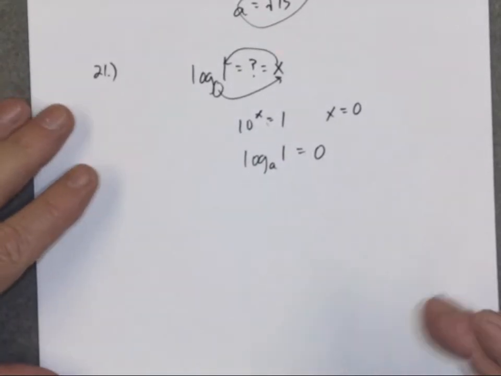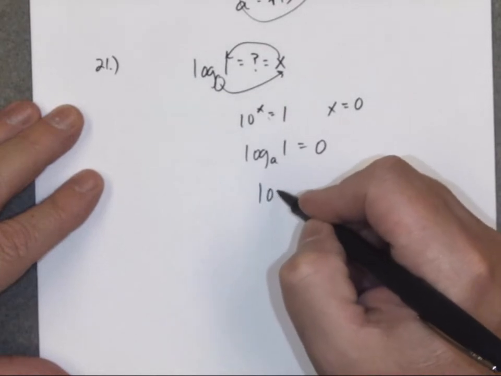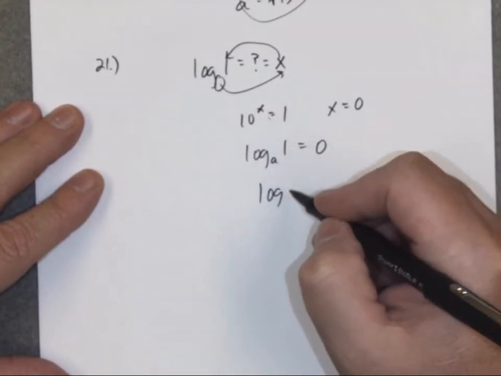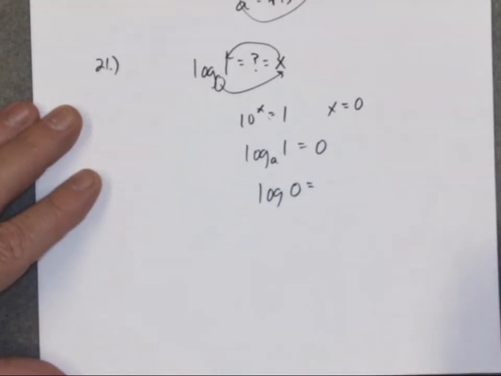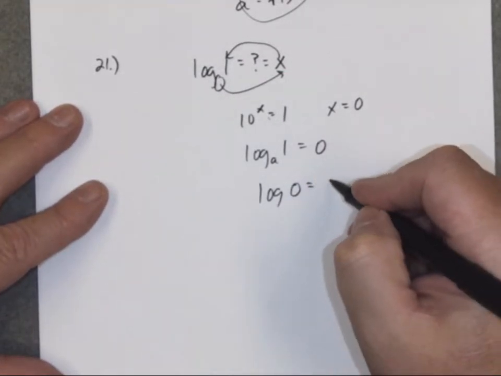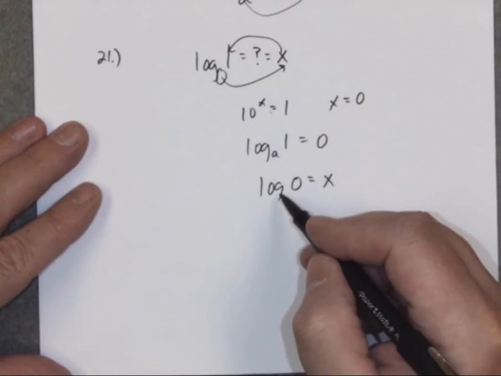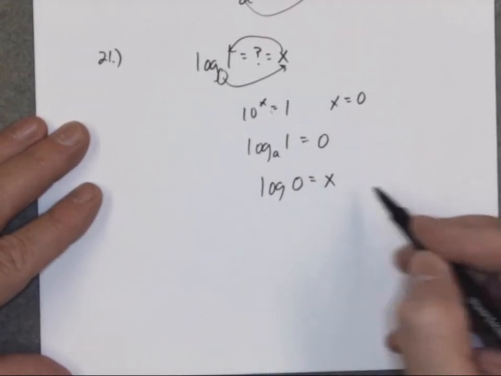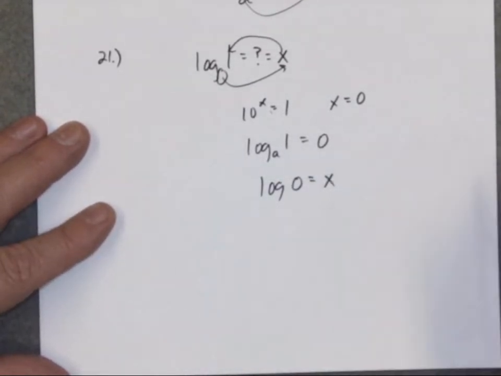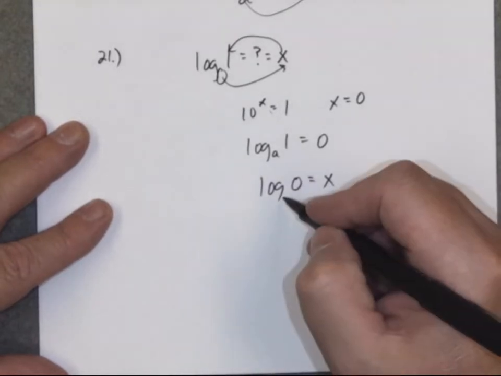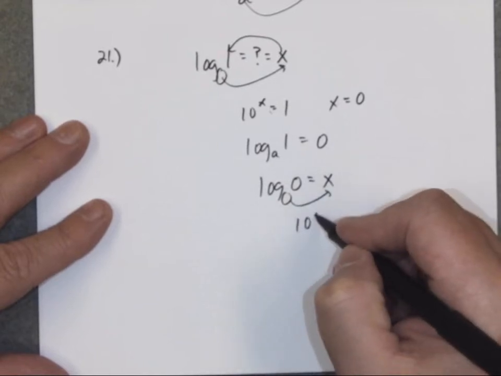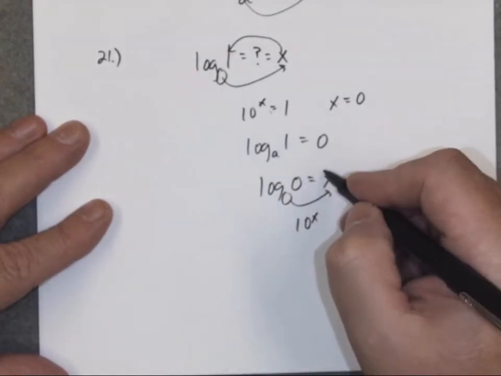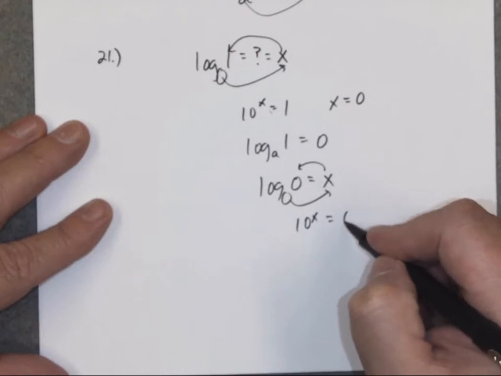Just for fun, let's see what happens when you take the log of 0. Maybe that's important. So log of 0 equals x. What does this equal? Once again, I'm going to convert this to an exponent to see what happens. So there's really a 10 here. 10 to the x equals 0.